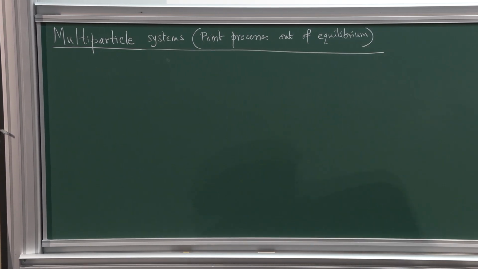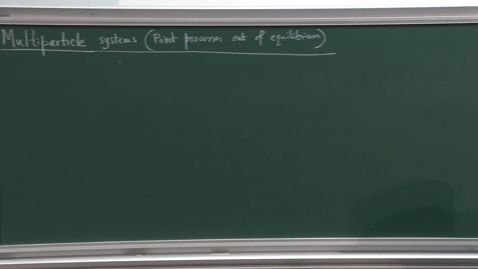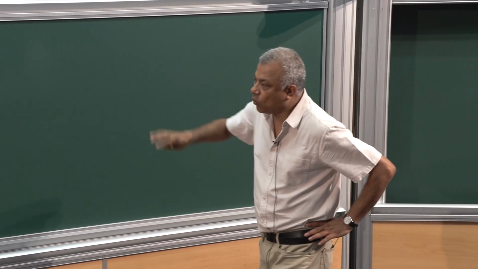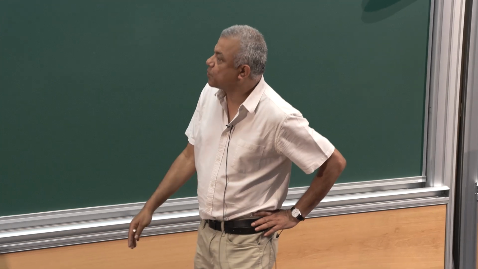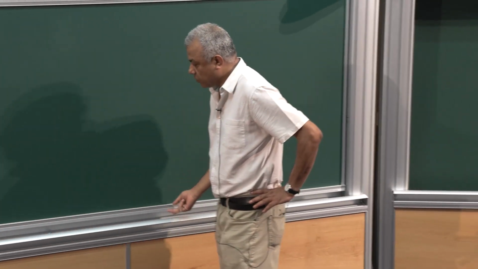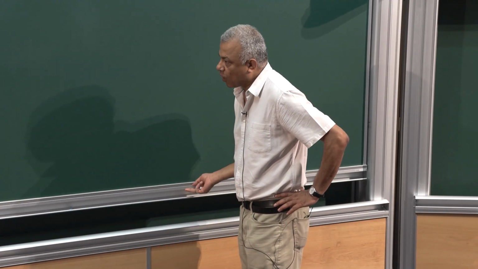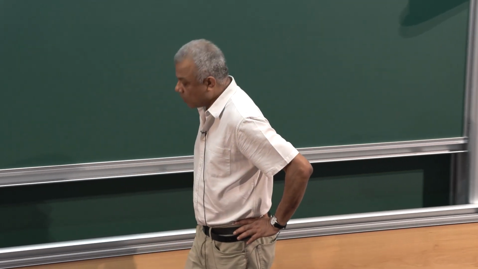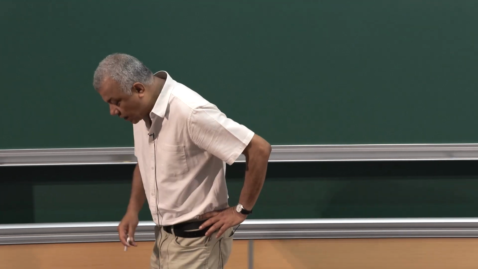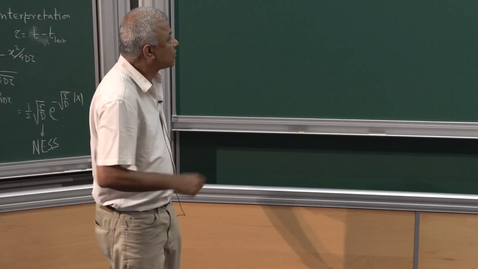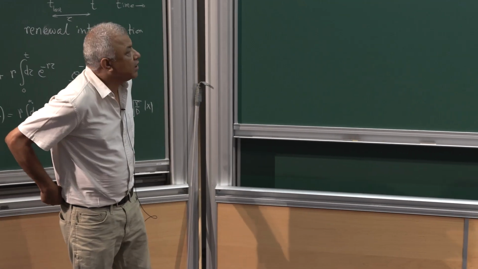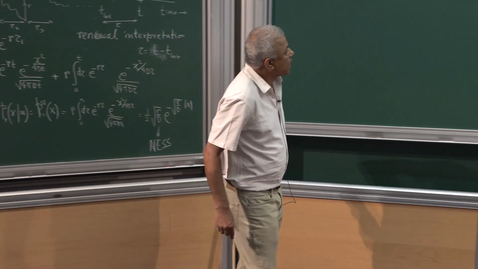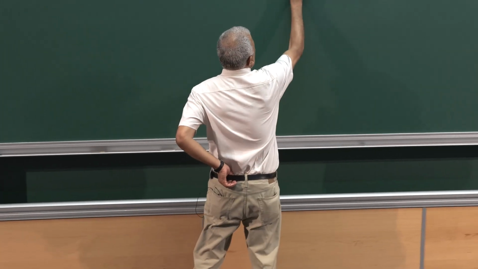Now, before I do that, I want to just tell you a little bit about the actual experiment, because this whole work was motivated by experiments. Let me just tell you a little bit about how actually one does this experiment. So basically, a few years back, I was giving this talk on stochastic resetting in a conference in Stockholm, and there was Sergio Ciliberto, who is an experimentalist from ENS Lyon.